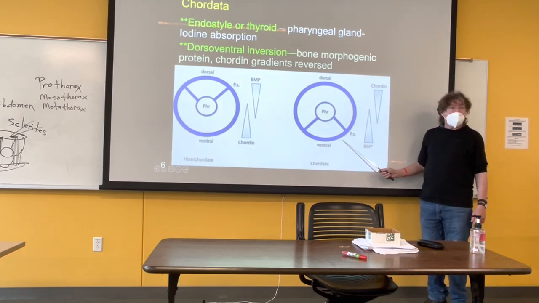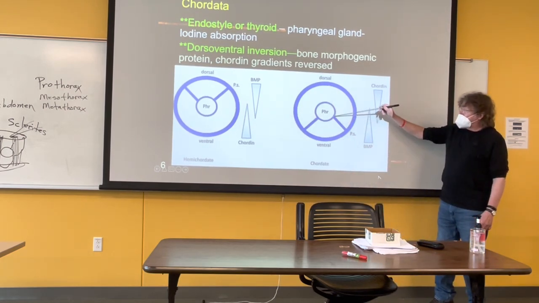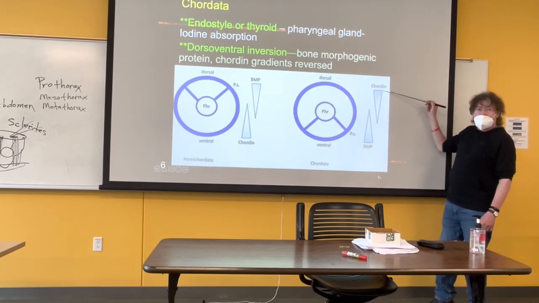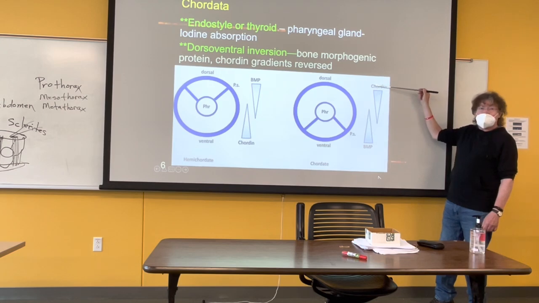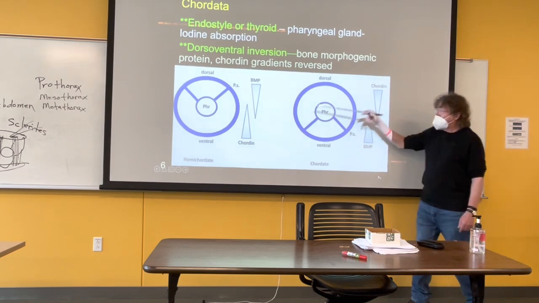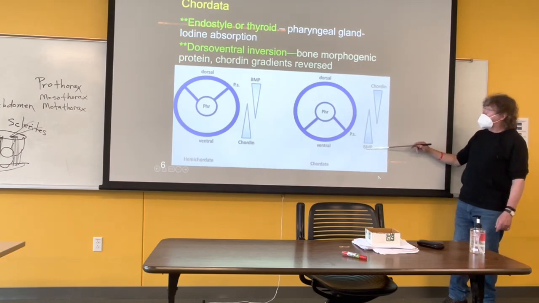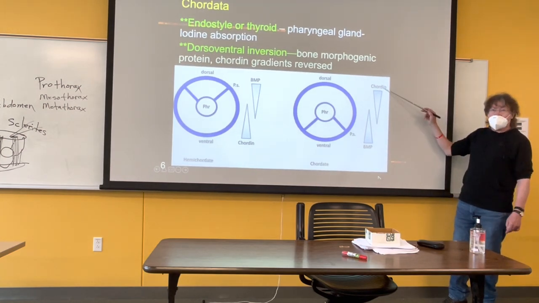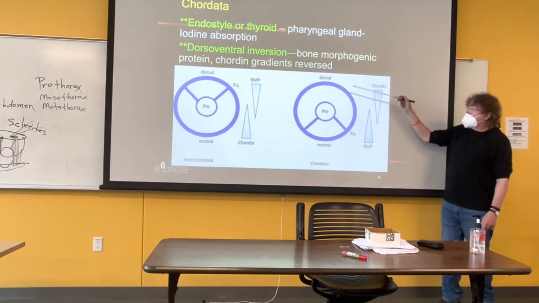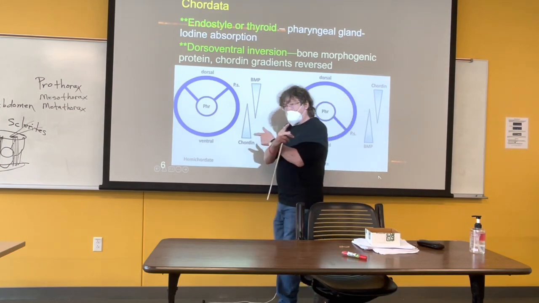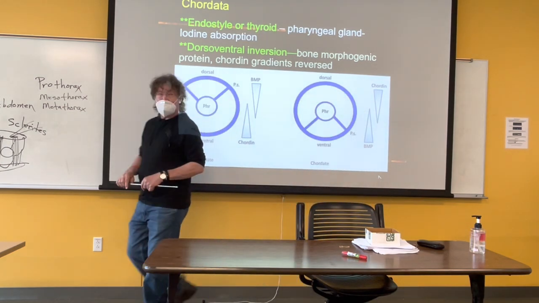When you look at a chordate, the pharyngeal slits are on the ventral side. Furthermore, chordin has its highest concentration on the dorsal side instead of the ventral side, so the gradient between bone morphogenetic protein and chordin is completely flipped over. So we are flipped over, deuterostomes.